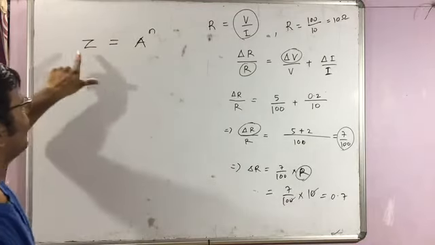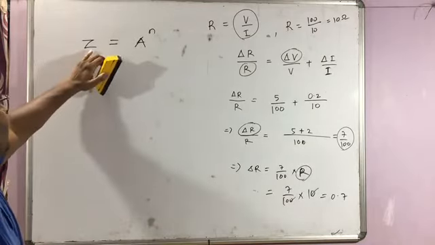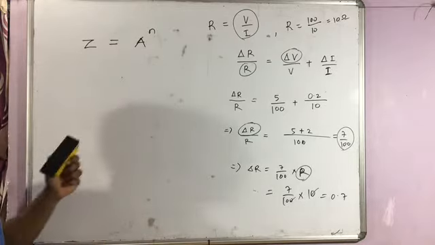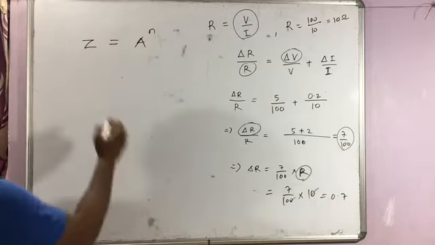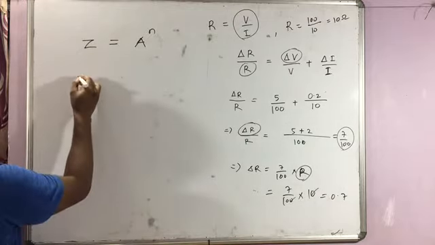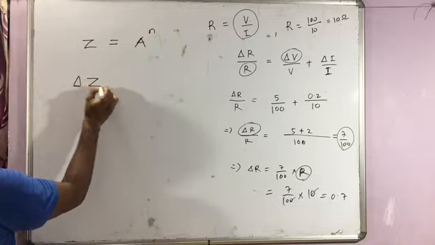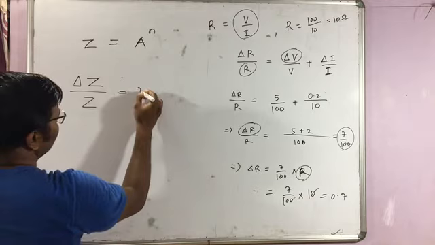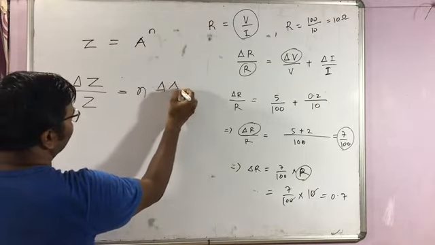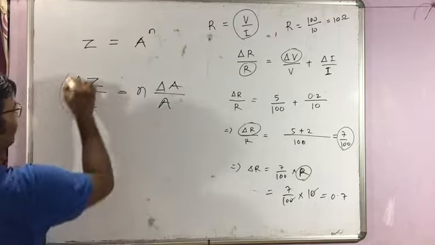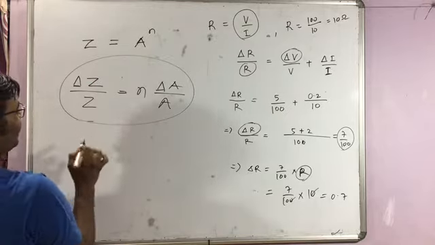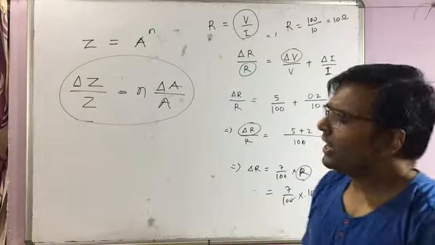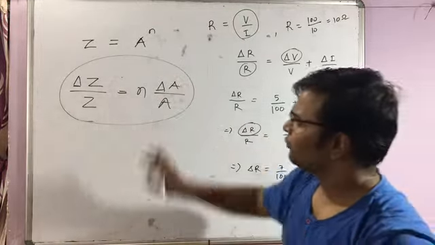If you are asked to calculate the error, the formula suggests, just remember it, you can prove it in a similar way, that the relative error in Z, del Z by Z, is n times the relative error in A. Del Z by Z is equal to n times del A by A. We can use this formula frequently.